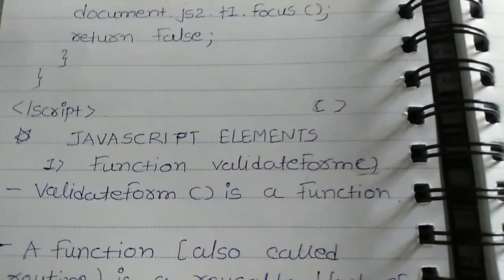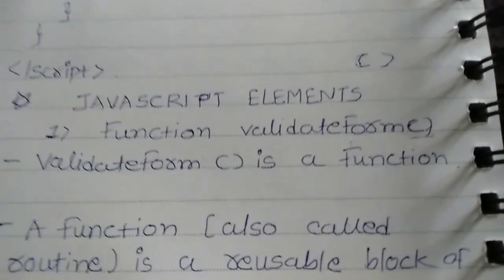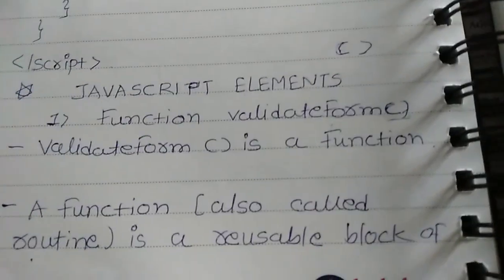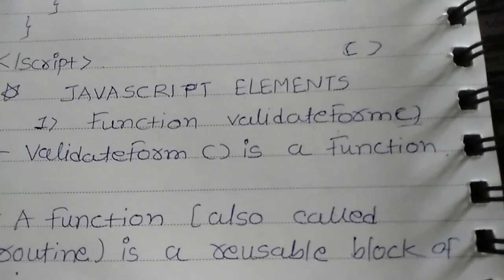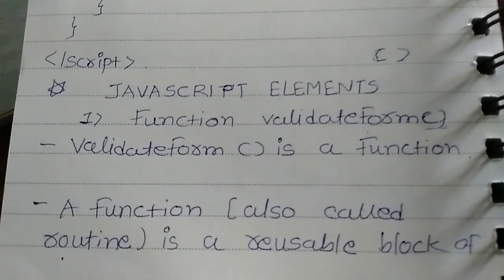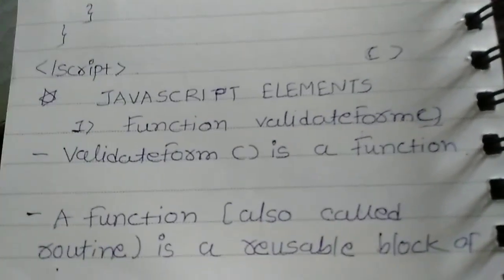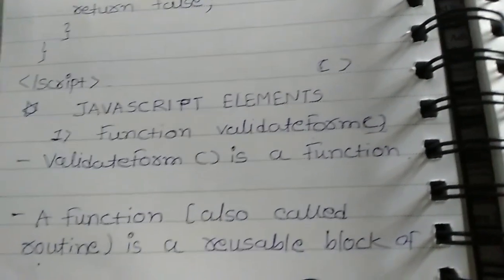I want to use my code again and again, then I can use it through a function. For example, I have written a script in my first page. Now in my second, third, fourth page I want the same code, so I have to write a function for it. That's why function means reusability, a reusable block of code.